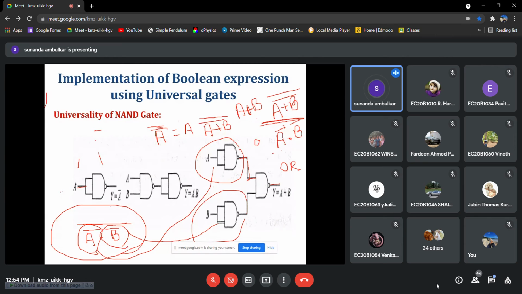Because A bar dot B bar whole bar is equivalent to A plus B. So this is the simple implementation of the OR gate with the use of a NAND gate. We have to utilize the De Morgan's theorems here.